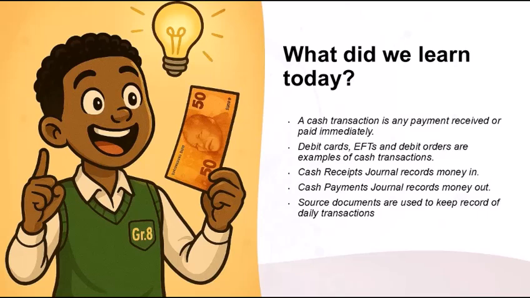The cash receipts journal records money that comes into the business, therefore money received. The cash payments journal records money going out, therefore cash payments. And always keep your source documents.